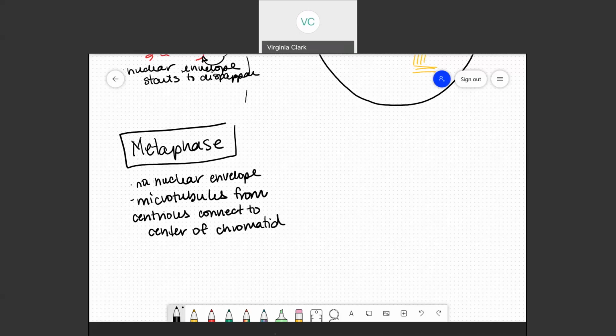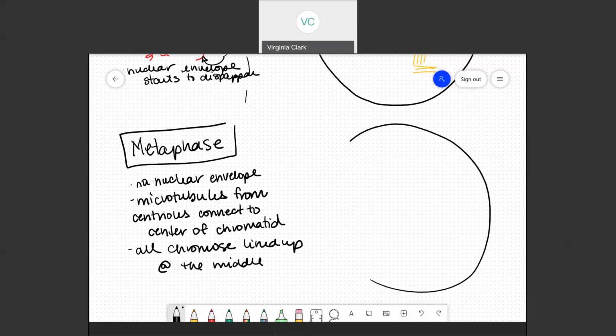And then you will have all chromosomes lined up at the middle. If this is the outside of my cell, remember I'm not doing any of the other structures. What we are essentially saying is I am going to have my microtubules. Here's one.